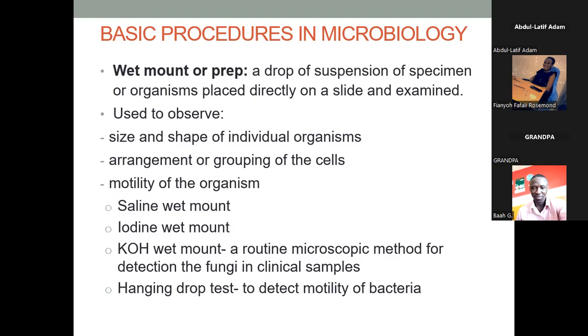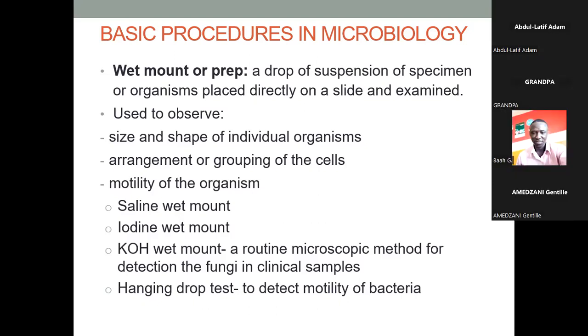Therefore, it is technically inappropriate to do a wet mount and use it to examine the motility of bacteria. Remember, you do motility for bigger organisms. If you are dealing with sperm cells, it's a bigger distance, so its motility is not influenced by Brownian motion. If you have amoeba, it is big enough, and therefore its motility is not influenced by Brownian motion. So you should be able to differentiate between motility of bigger organisms and motility of bacteria and small organisms.